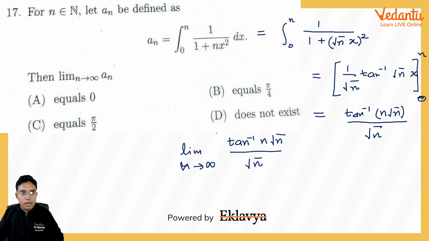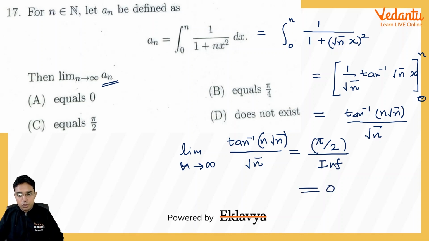This is what we are supposed to find. As you know, as n approaches infinity, n root n will approach infinity, and this will approach pi by 2 here, whereas the denominator will be approaching infinity. And some finite number divided by infinity, I think this will approach 0. So answer for this is A.